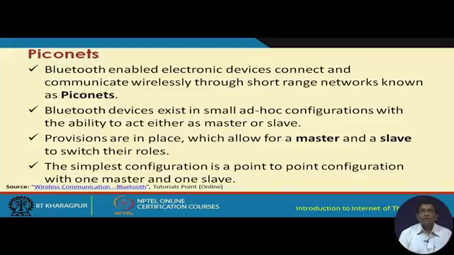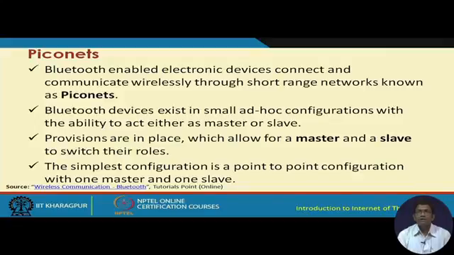The simplest configuration is a point to point configuration with one master and one slave. This is something that we typically use. A single master single slave configuration is used to exchange files, videos, images, graphics and so on between our mobile devices.